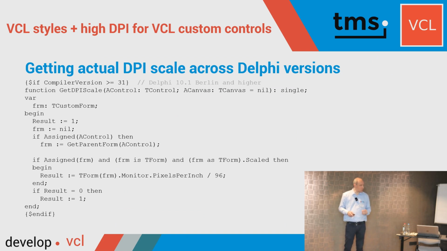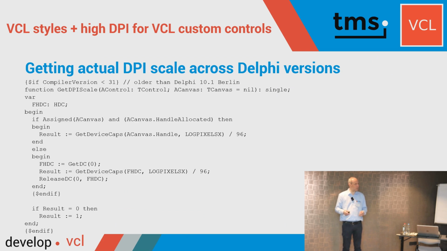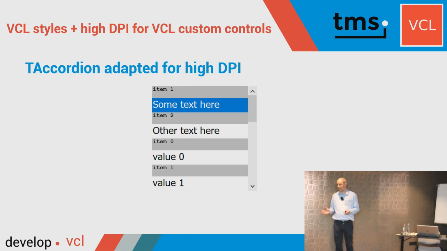So we are using the canvas of the control here and calling the GetDeviceCaps Windows API method and doing the proper divisions based on the number of pixels per inch to get the scale factor from there. So now let's go to the code and inspect how everything we learned so far is handled in the little example TAccordionControl that I created.